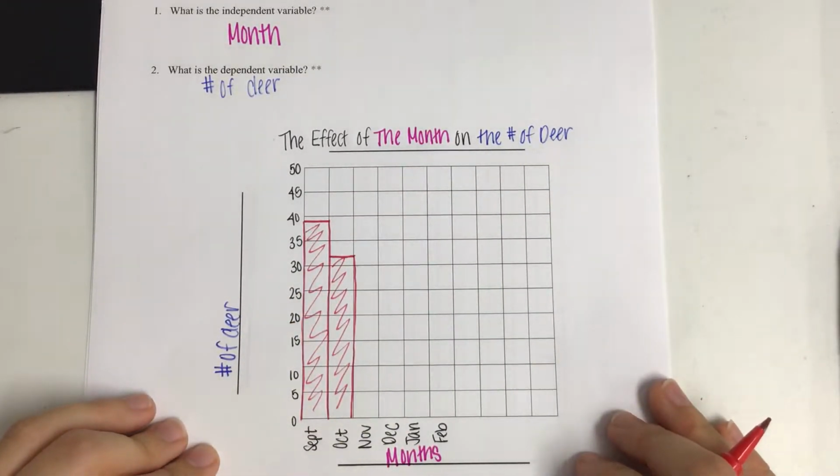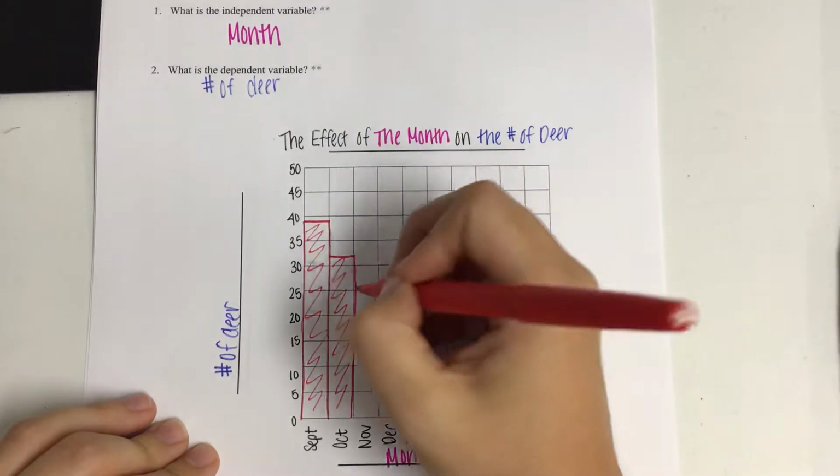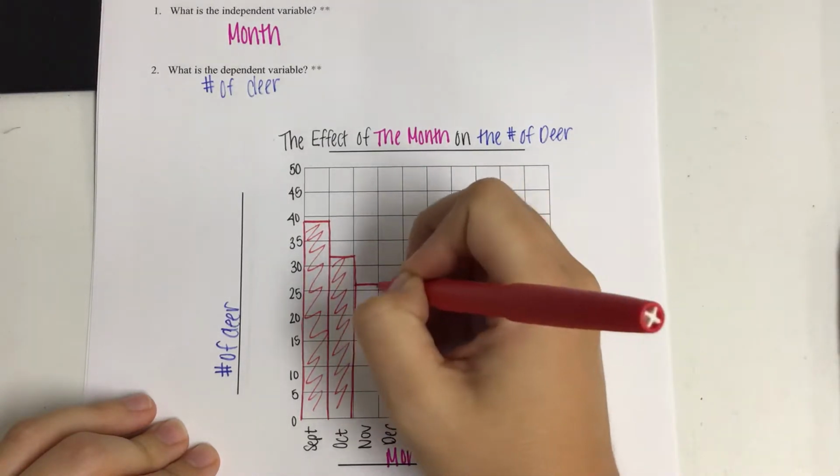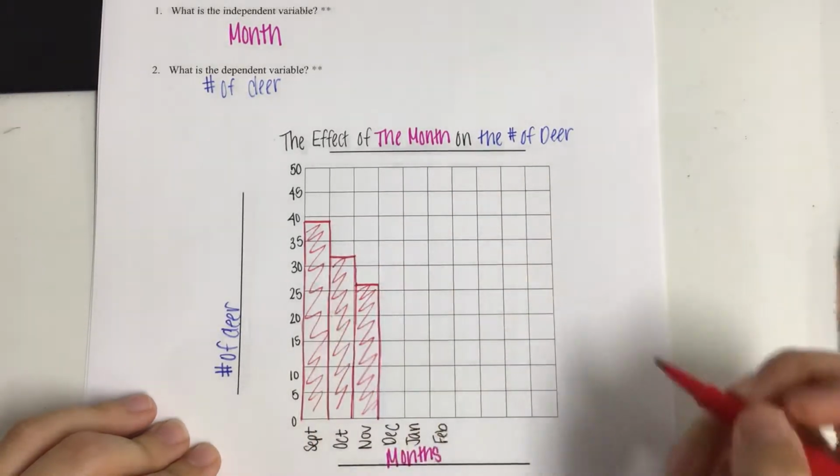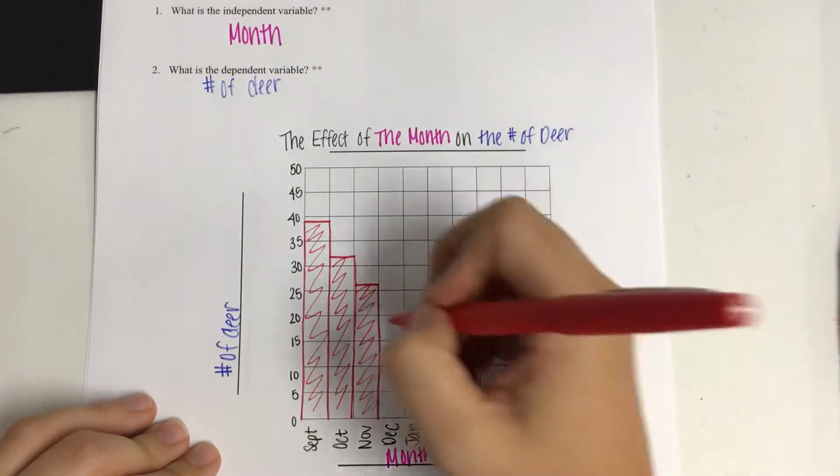In November, we had 26, so that's just a little above 25. December, we had exactly 20.